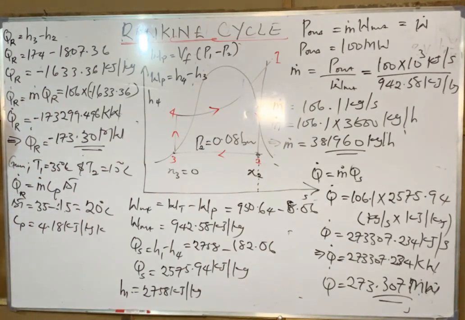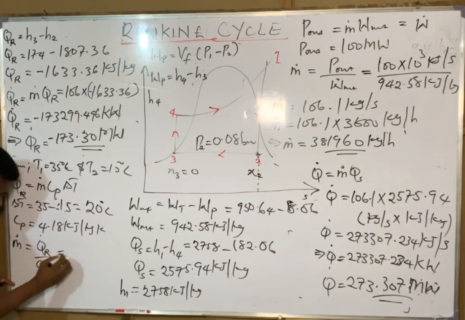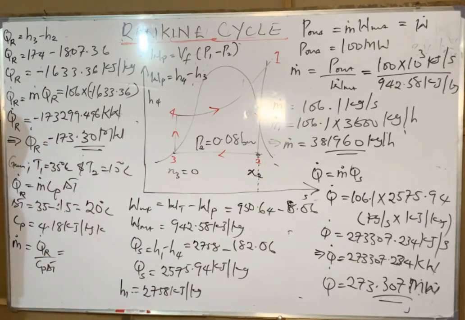If we make m dot the subject of the formula, it becomes heat rejection rate divided by Cp times change in temperature. We are not going to work with the negative sign now, just the absolute value.